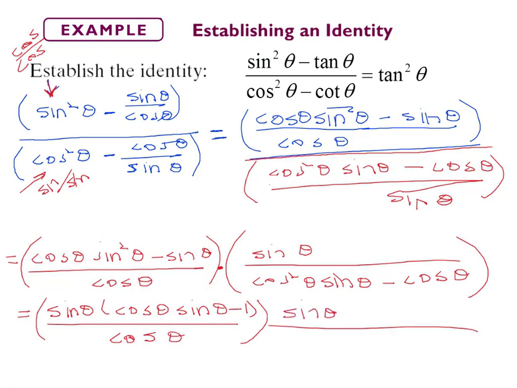And can I factor anything else? I can factor cosine theta, and what do I have left? I have cosine theta, sine theta, minus 1. Okay.